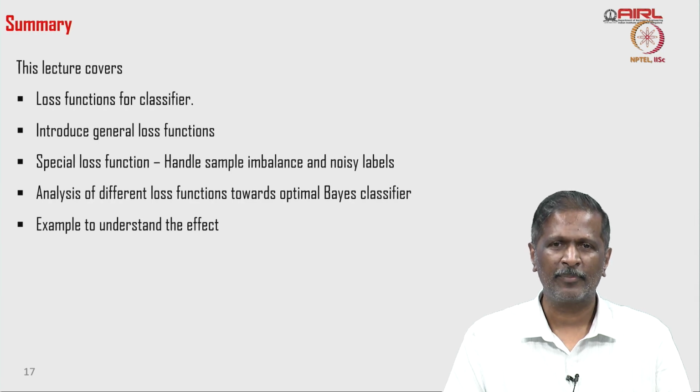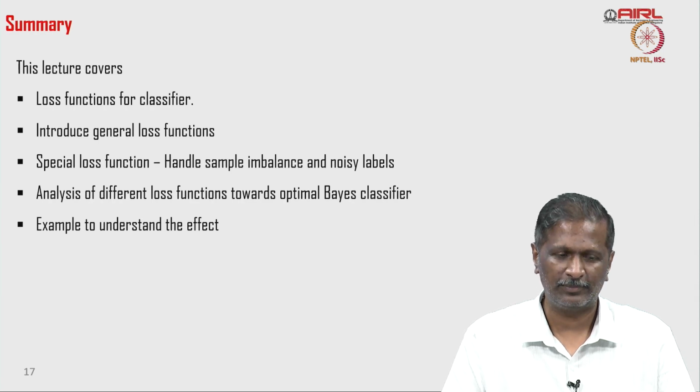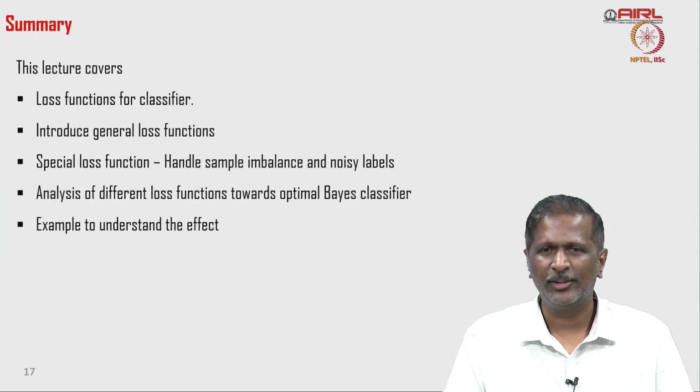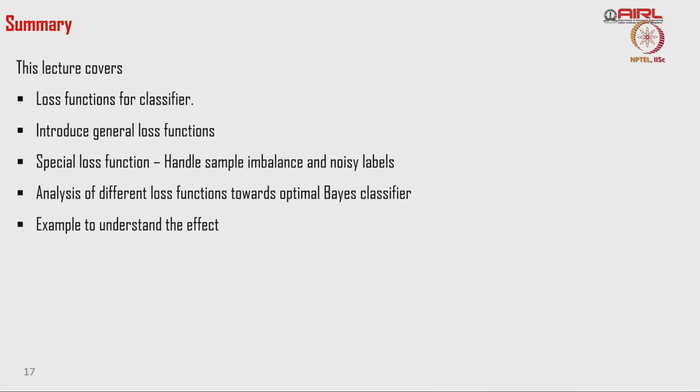We talked about how we have to pick the loss function. We defined commonly used loss functions and special loss functions. We talked about how these special loss functions can handle the overlap between the classes or sample imbalance, and how they help in approximating the posterior effectively. Special loss functions like focal loss or risk sensitive hinge loss help you handle sample imbalance and noisy data.